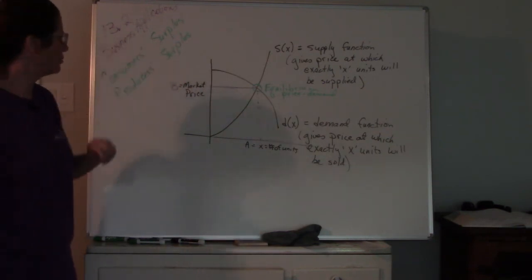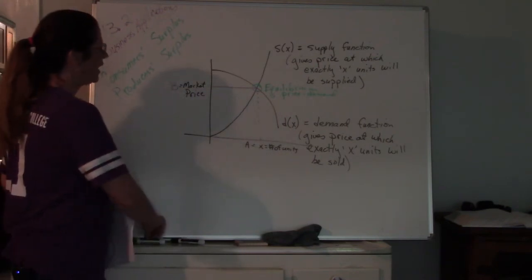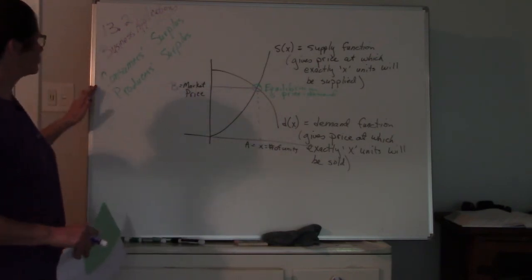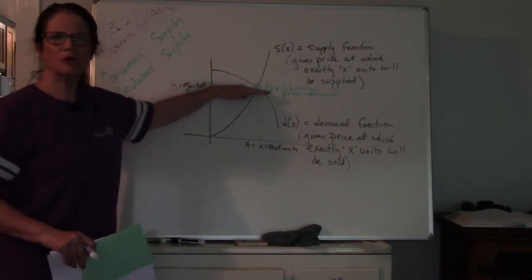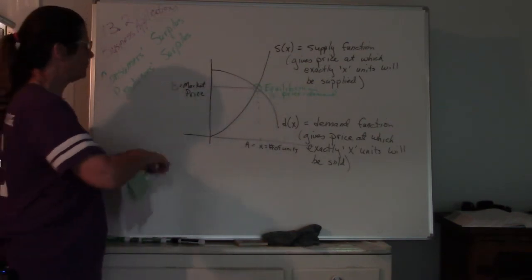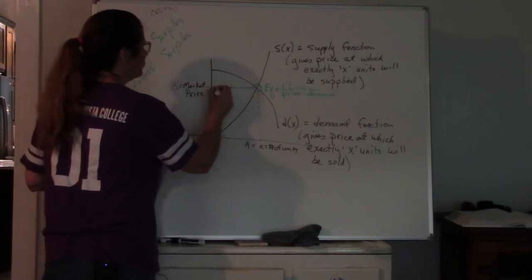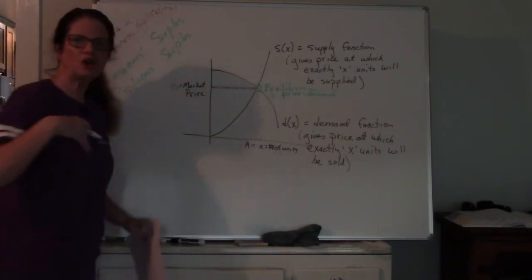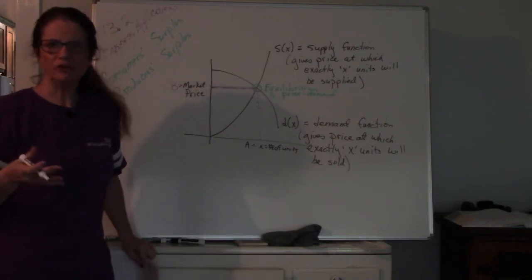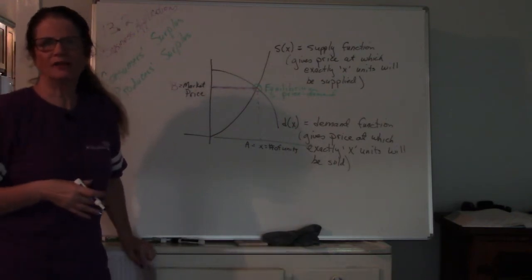So this is the premise. We'll start with consumer surplus. This number right here is the market price. This is the value that most businesses are willing to charge for whatever product they're selling.